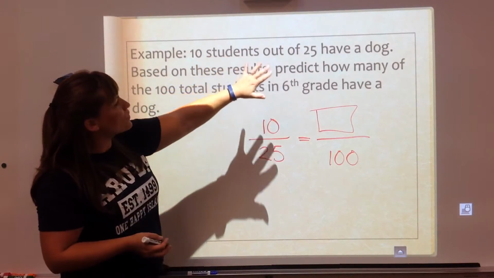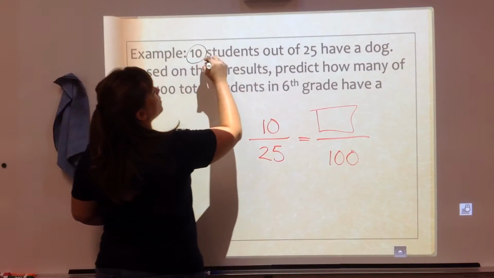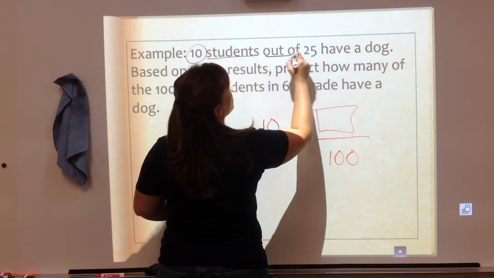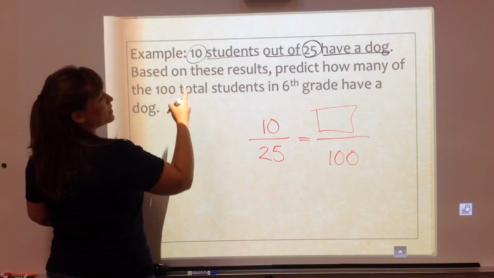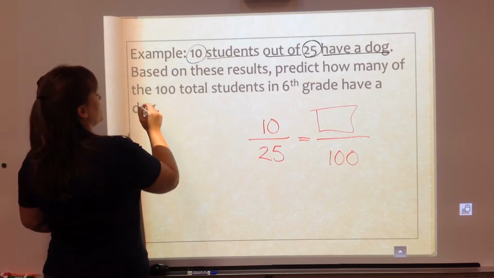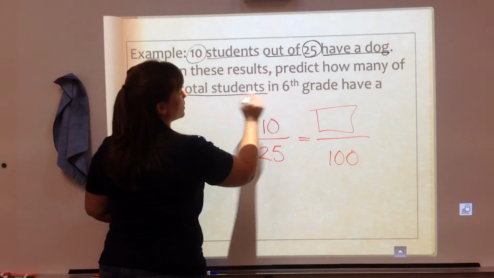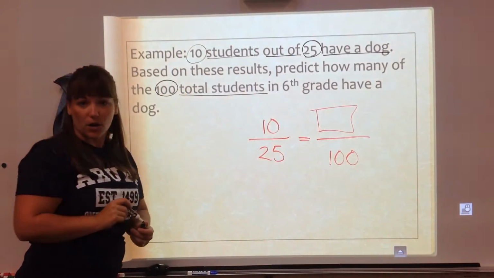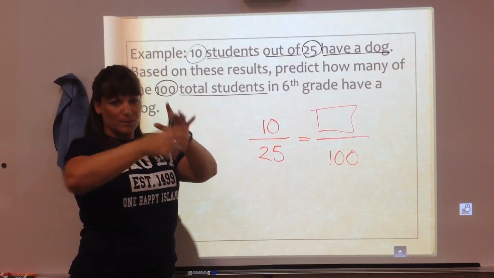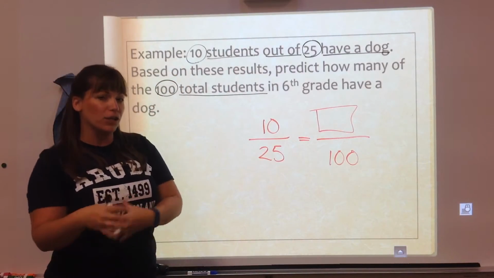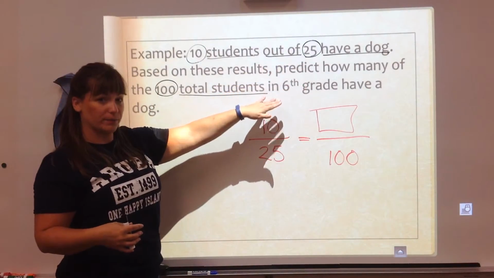10 students out of 25 have a dog. So let's circle students out of 25 have a dog. Based on these results, predict how many of the 100 total students in the 6th grade have a dog. So we're dealing with students that have a dog based on the entire group first, and then total 6th grade.